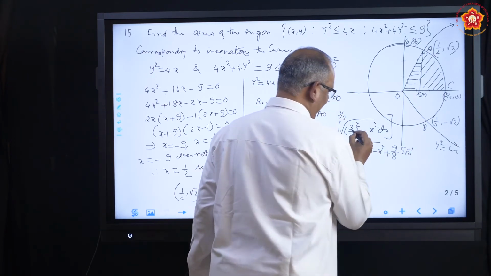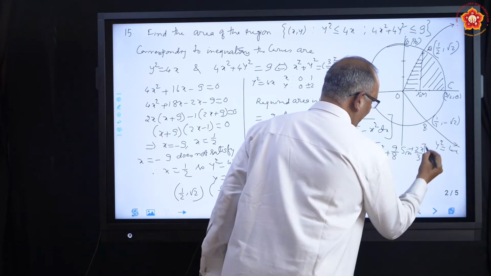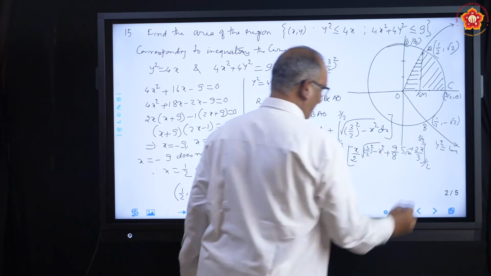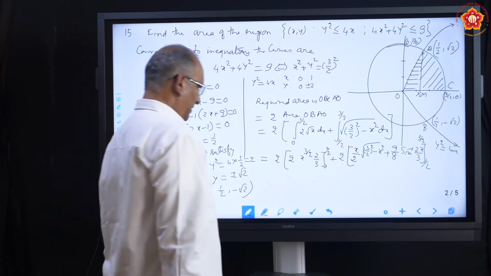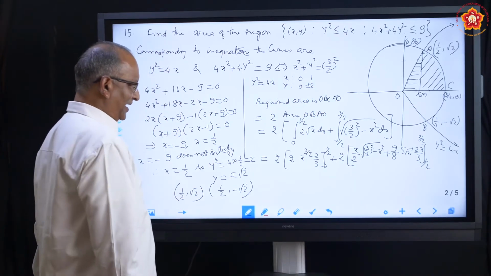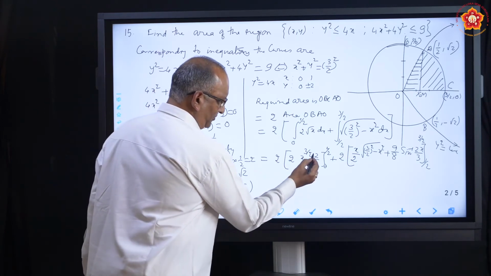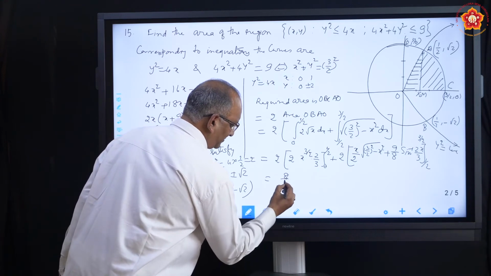So x by a is x by 3 by 2, so it will become 2x by 3. What are the limits? Half to 3 by 2. Simplify it, you will get the answer. How to simplify? 2 into 2, 4 into 2, 8 by 3. So this 8 by 3 can be put outside.